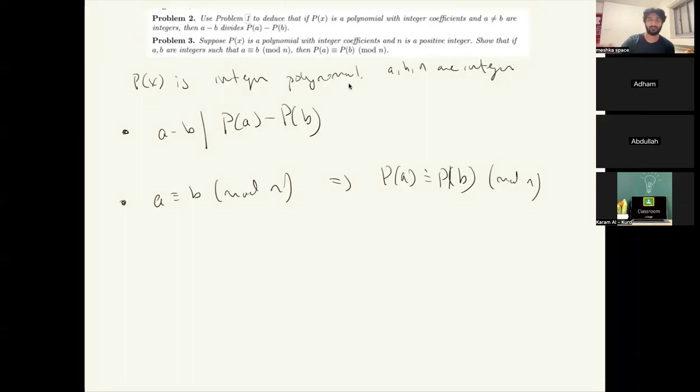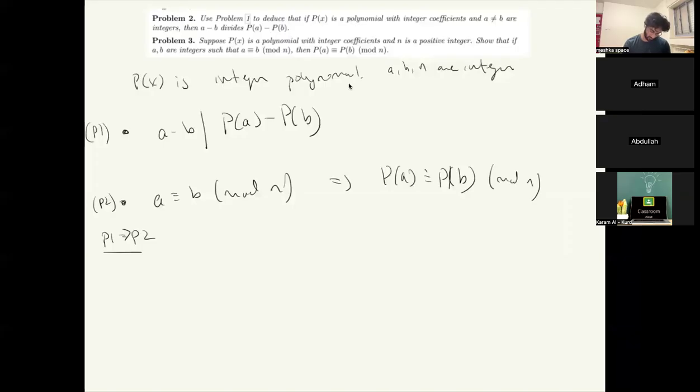So let's prove one from the other. We can call them property 1 and property 2. So let's show property 1 implies property 2. How do you show that? Let's assume property 1.